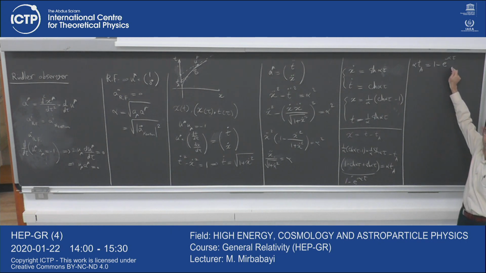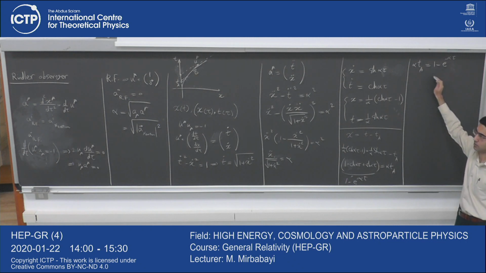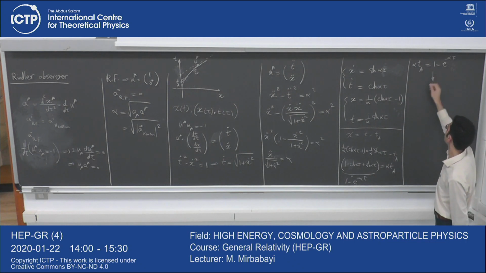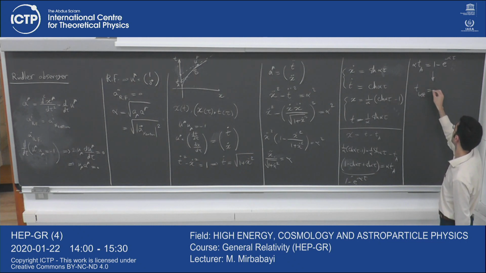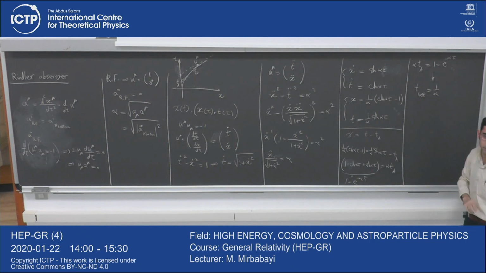There will be a last signal. The last signal is going to arrive to Bob at tau equals infinity. So if I send tau to infinity here, I will obtain the time at which the last signal is sent. So that tells me t_last is equal to 1 over alpha.